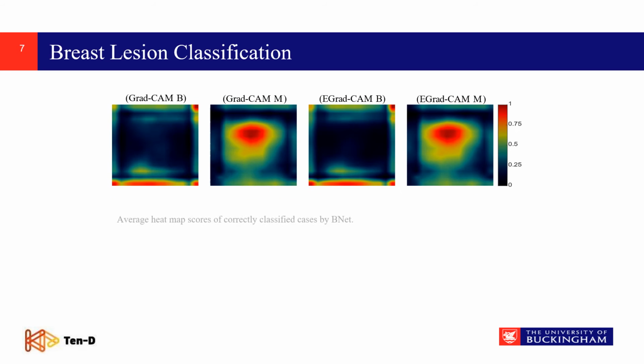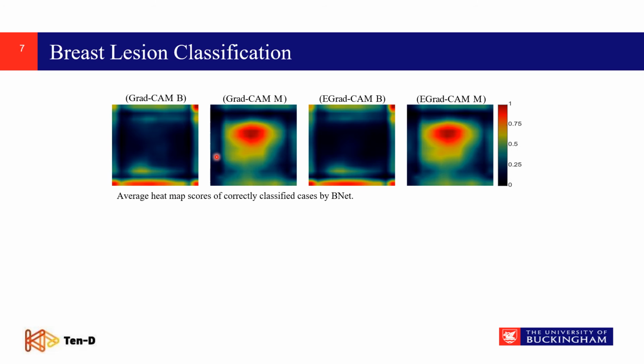Similarly, we used GradCam and eGradCam to generate an average heatmap score for correctly classified cases from the last convolution layer of BNet. And as we can see, the distribution of the important area is completely different between malignant and benign cases.